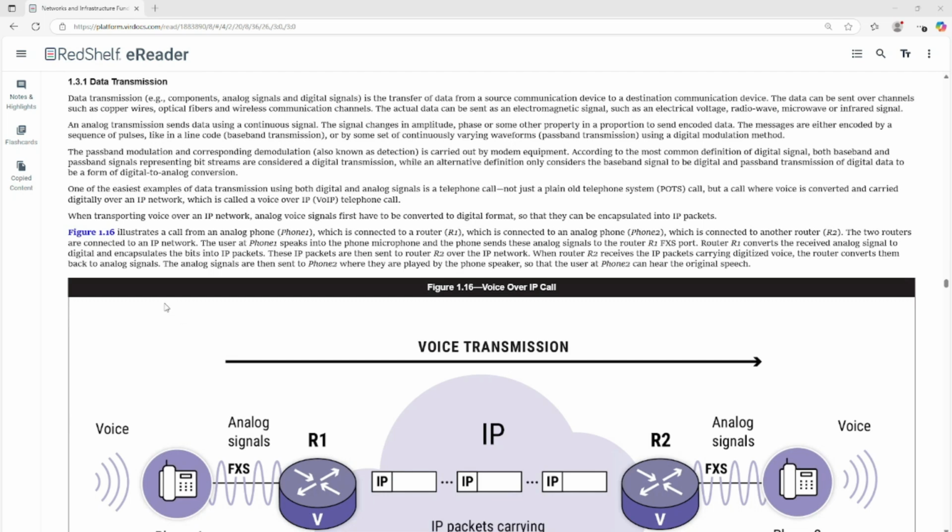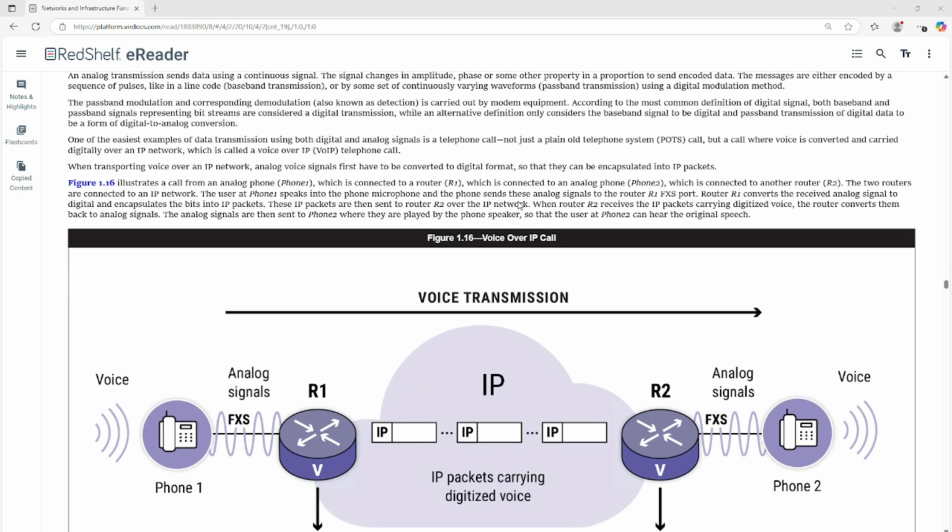The diagram in figure 1.16 illustrates a call from an analog phone which is connected to router 1. Router 1 is connected to an IP network, and so is router 2, which is connected to another analog phone, phone 2.